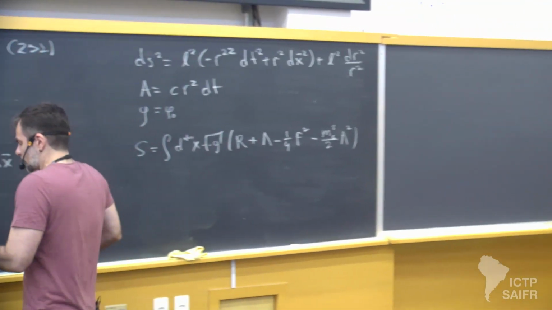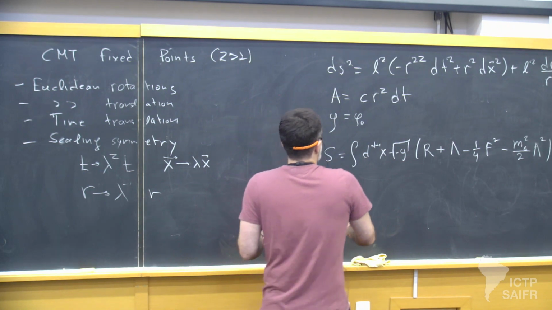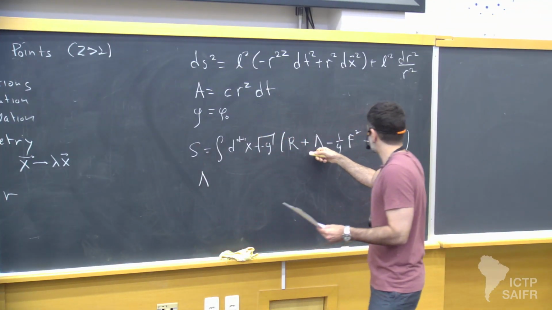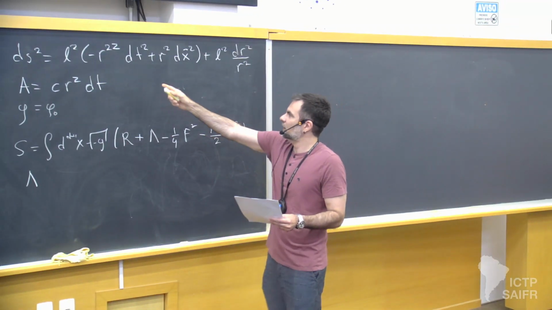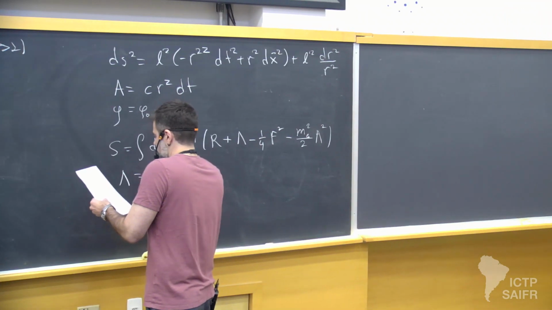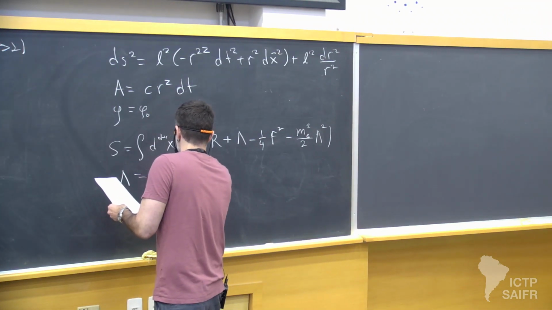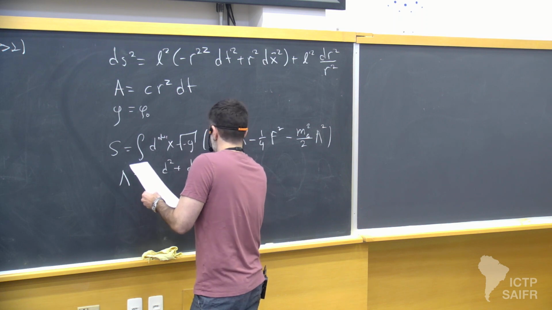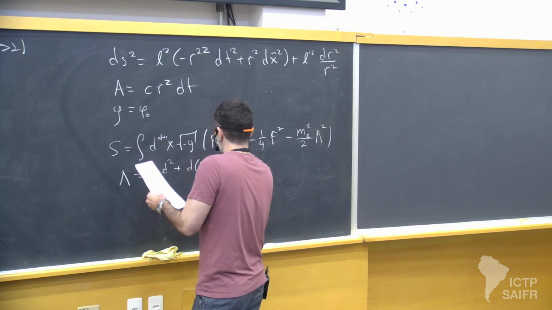Now, let me write the relation between the bulk theory parameters and this z or whatever appears here. So lambda, the cosmological constant, is related to d and z in the following way. You have some expression. I hope what I write is correct.